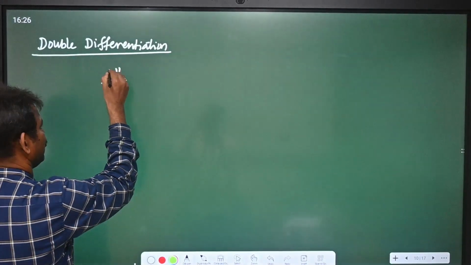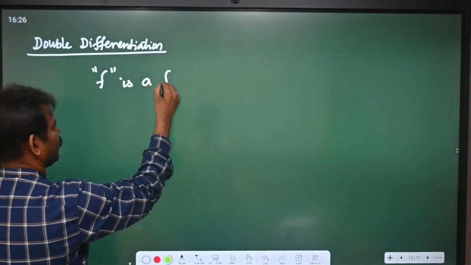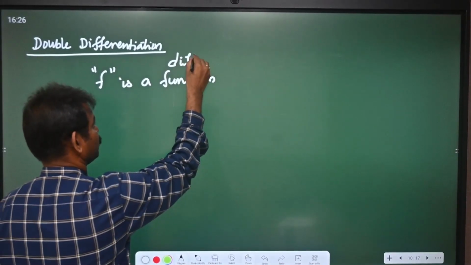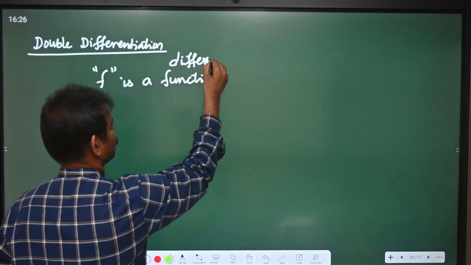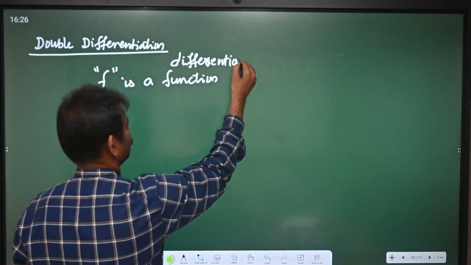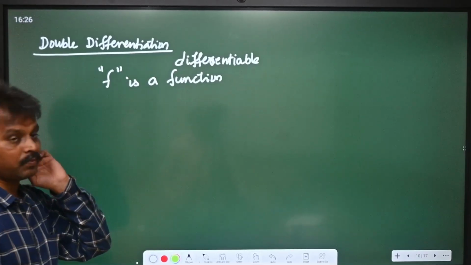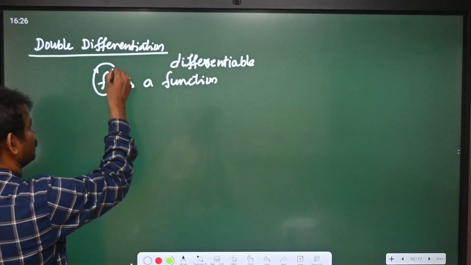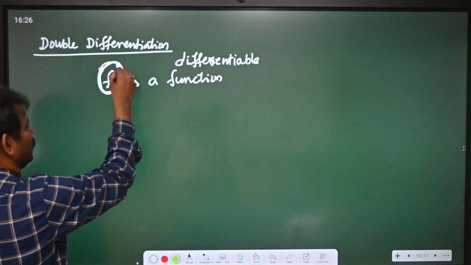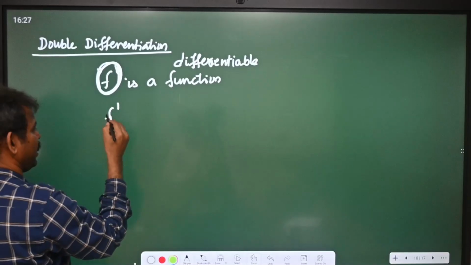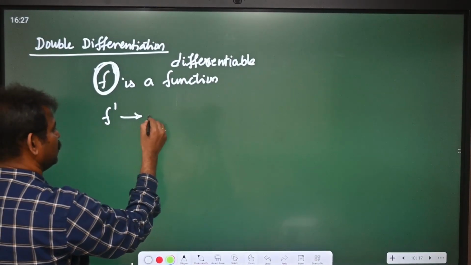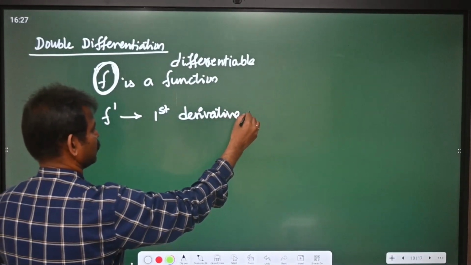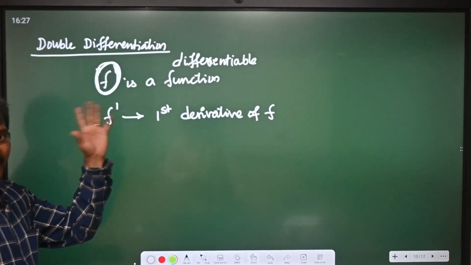Suppose f is a function, which function? A differentiable function with respect to x. So the given function is f, this is the differentiable function, and its derivative f dash is called the first derivative of f, also called f prime.